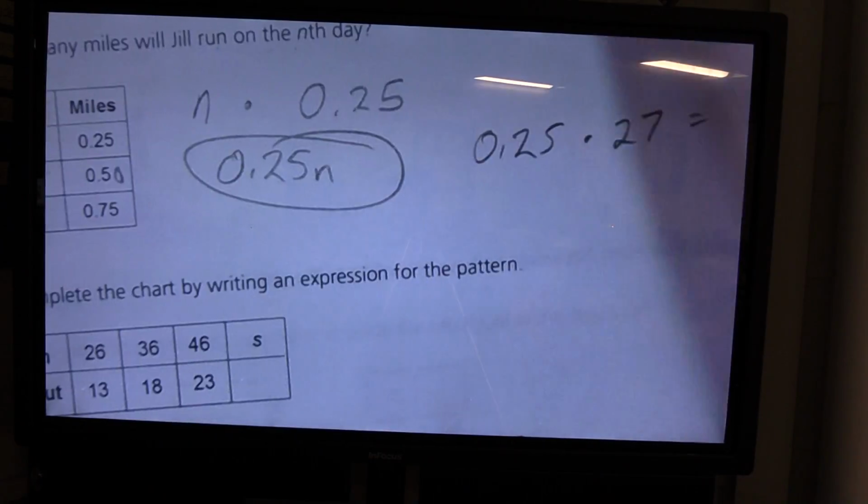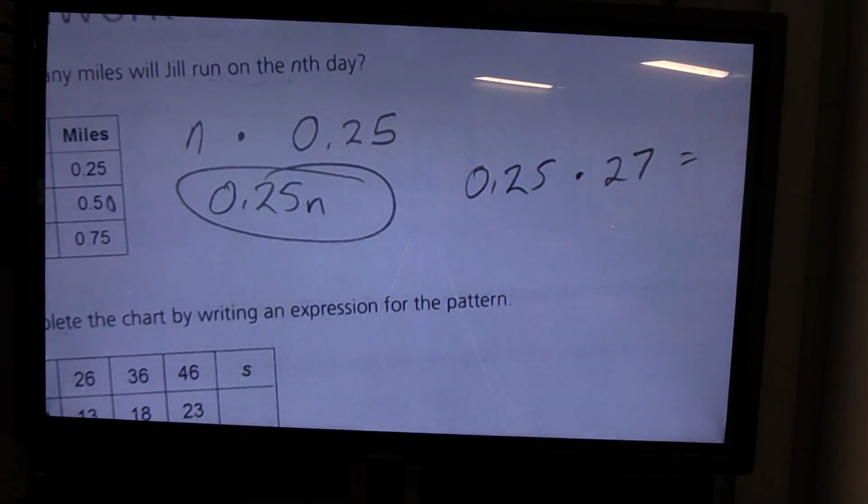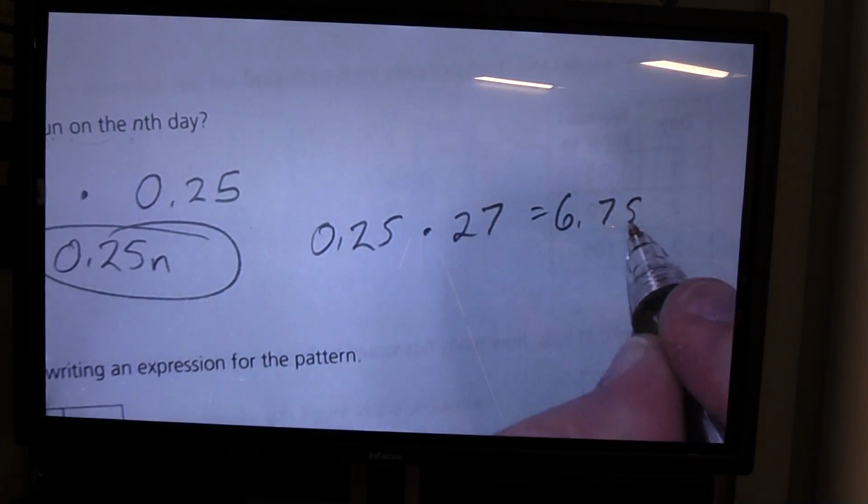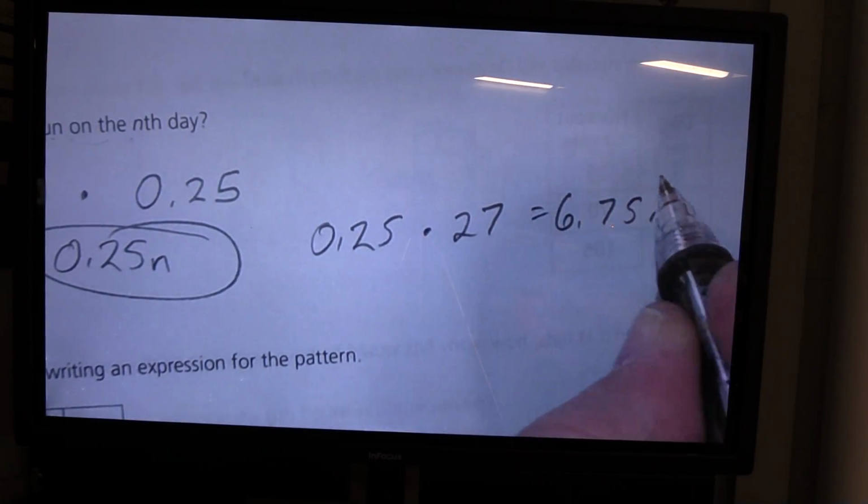Now, I'm going to use my math toolkit, in this case my calculator, just to quickly solve that one. It's a little bit much for me to do mentally. So 0.25 times 27, and that would be 6 and 75 hundredths miles.